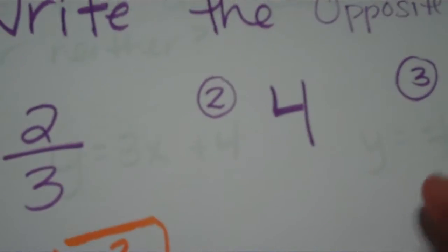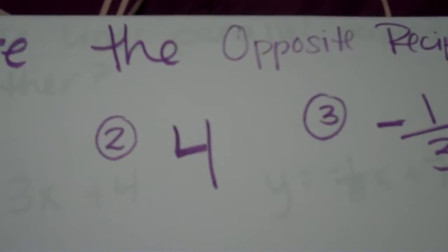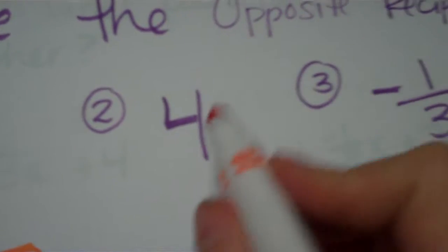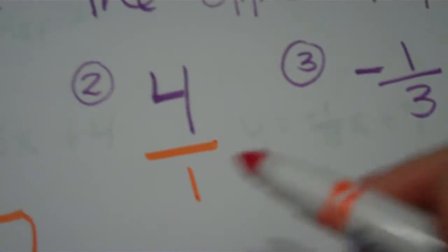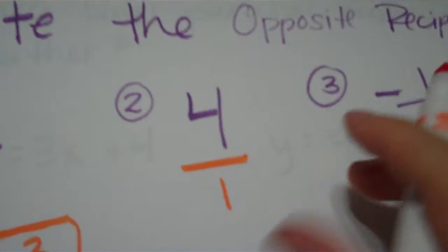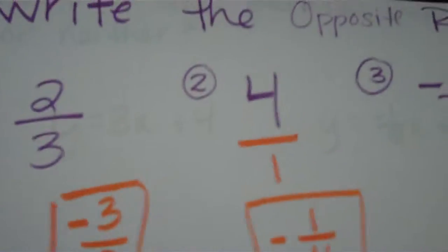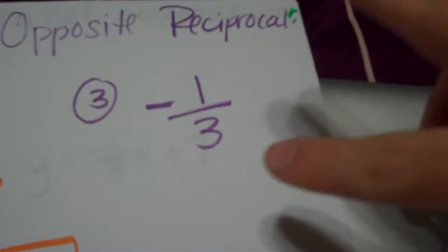Number 2 is 4. Yet again, if you want to see if you can do it, pause it and then try it. And if not, just do it with me. This is not a fraction, so we put it over 1. And then we flip the numbers. So instead of 4/1, we put 1/4. And then this is positive, so the opposite would be negative. Pretty simple. And then this one here, -3/1.